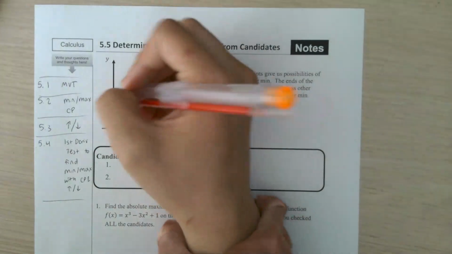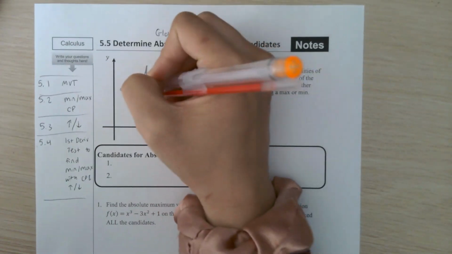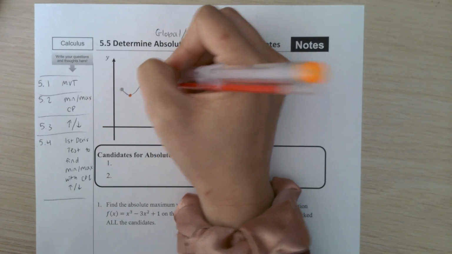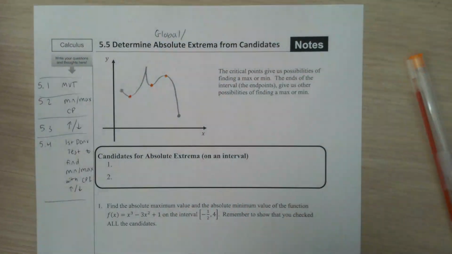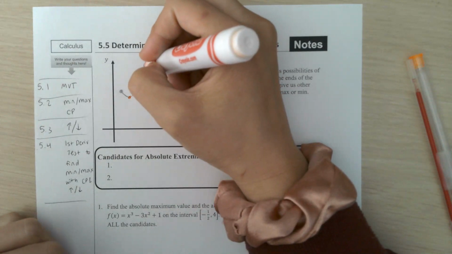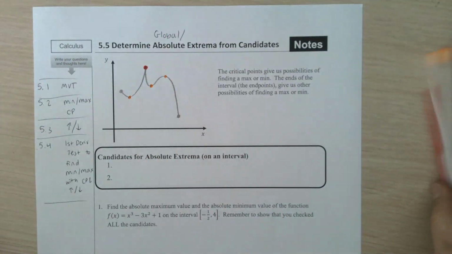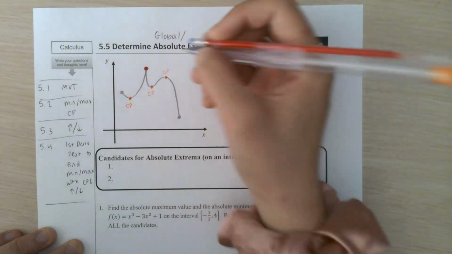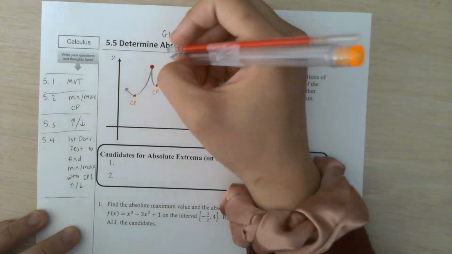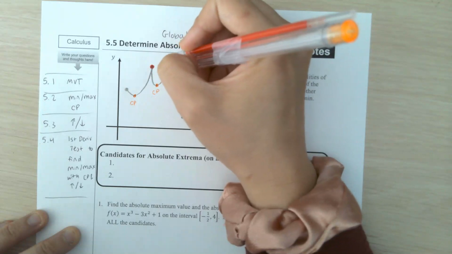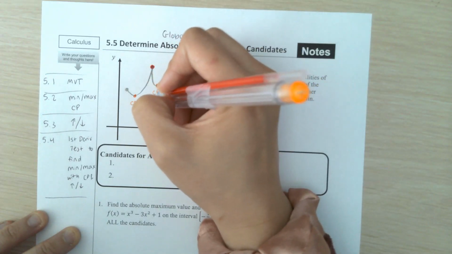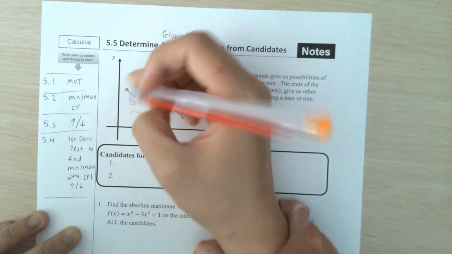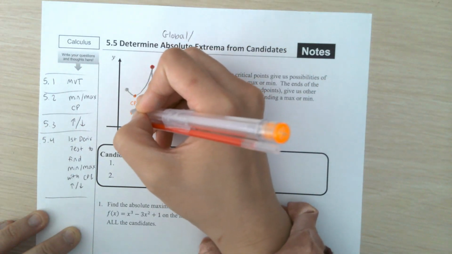So we have these 4 critical points, right? We have a critical point, a critical point, a critical point. So these orange ones, if you're not colorblind, the derivative is equal to 0. This gel pen is running.